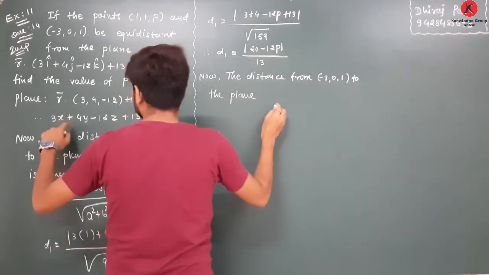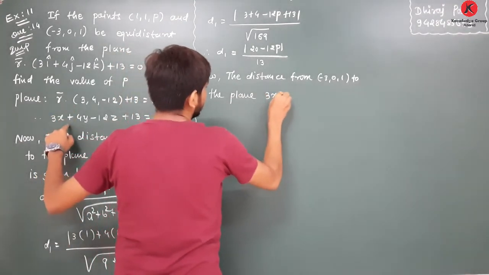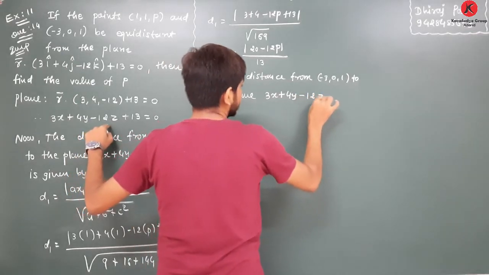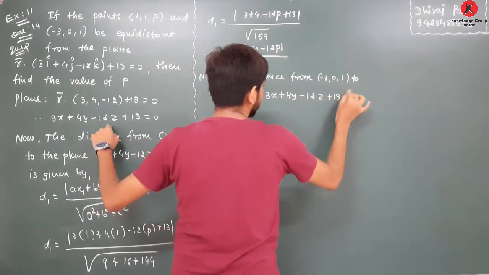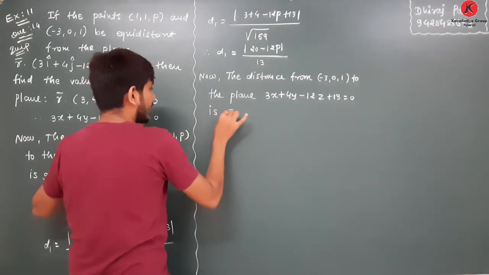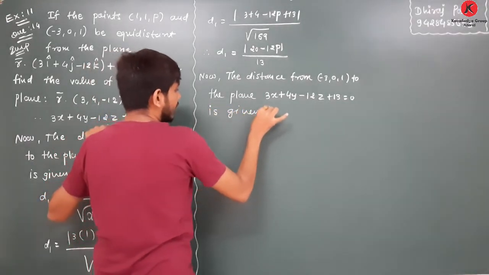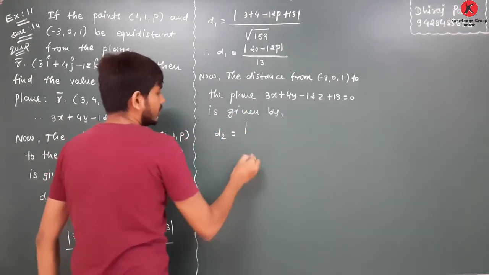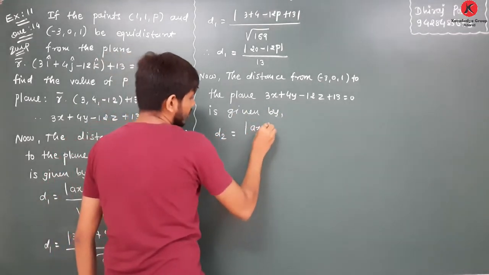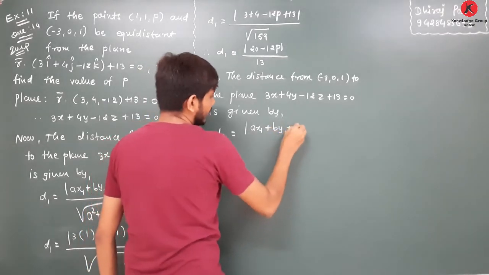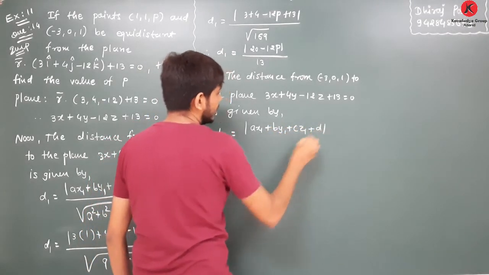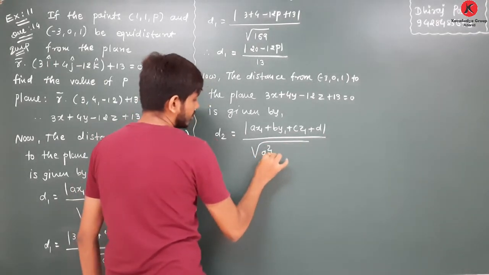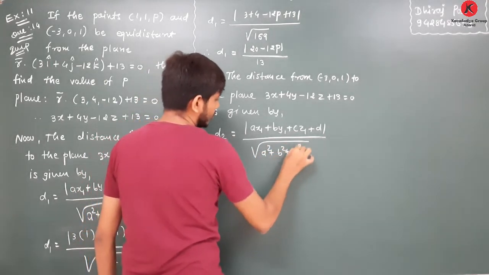The plane 3x plus 4y minus 12z plus 13 equals to 0 is given by d2 equals to modulus of ax1 plus by1 plus cz1 plus d upon under root a square plus b square plus c square. This is the formula.